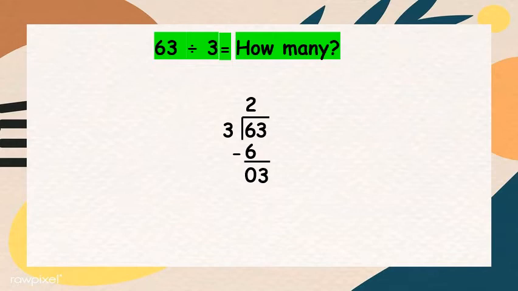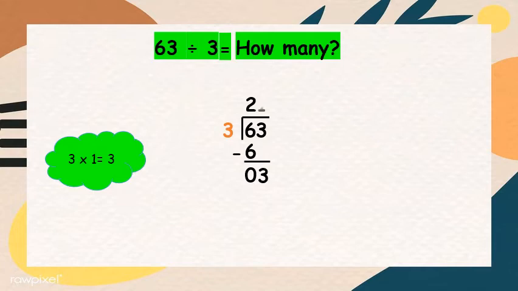Next, bring down the 3 and write it at the side of 0. Say the 3 times table up to 3. So, 3 divided by 3 is 1.